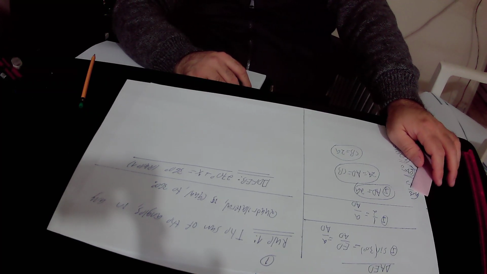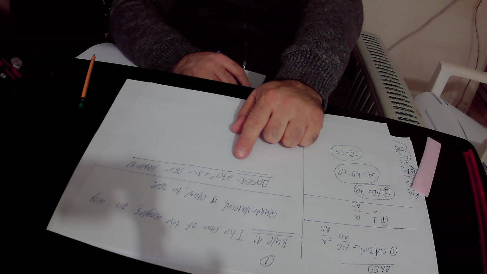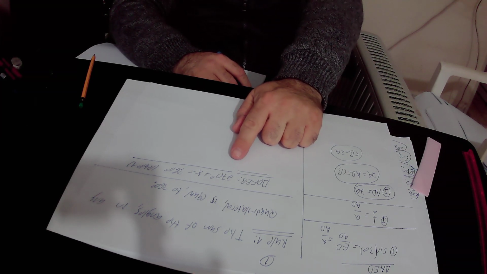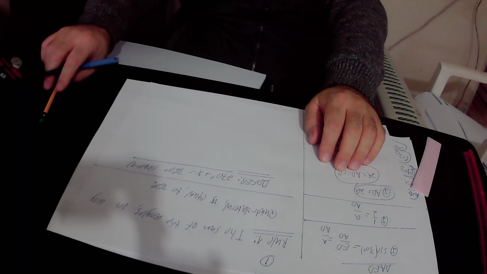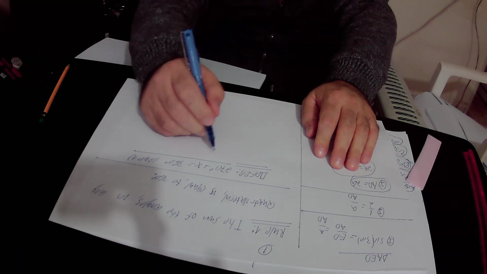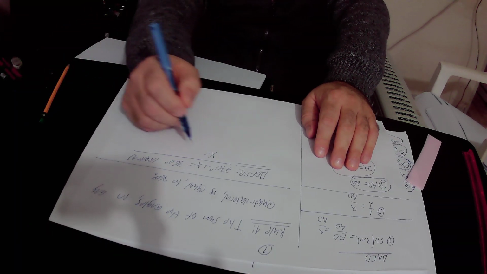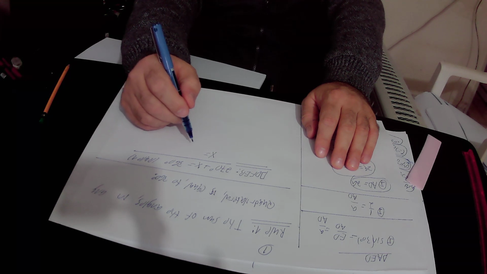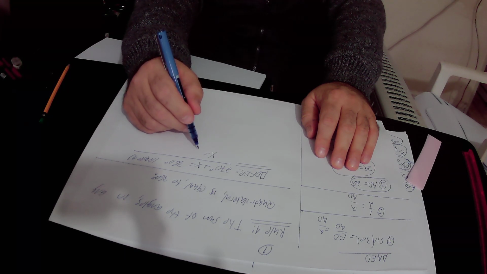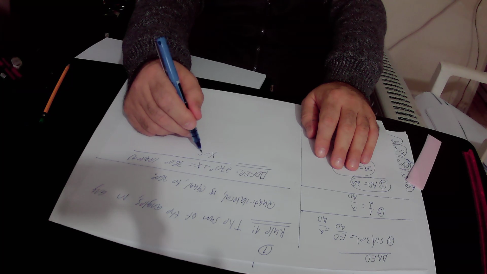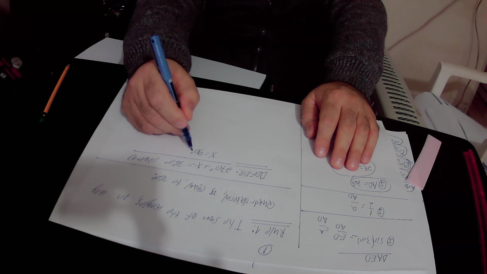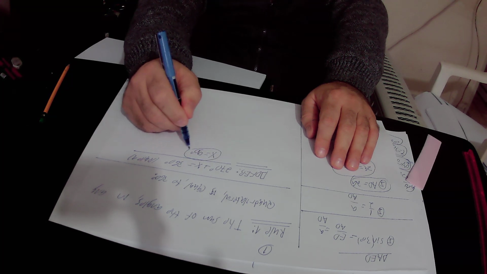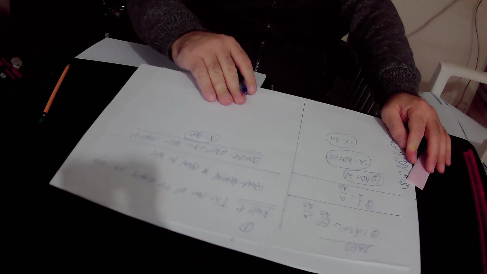So here we will subtract 270 degrees from this equation, and we will get that angle X equals 360 degrees minus 270 degrees. That is to say, it equals 90 degrees. So we found out that angle X is a right angle, it equals 90 degrees.